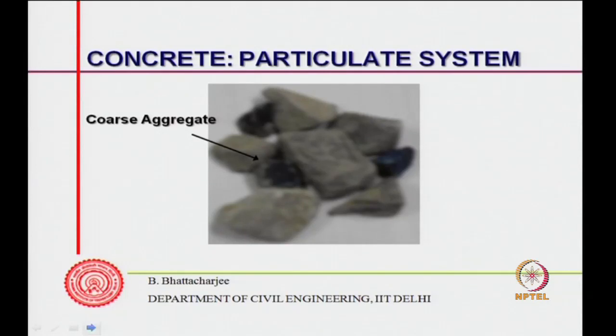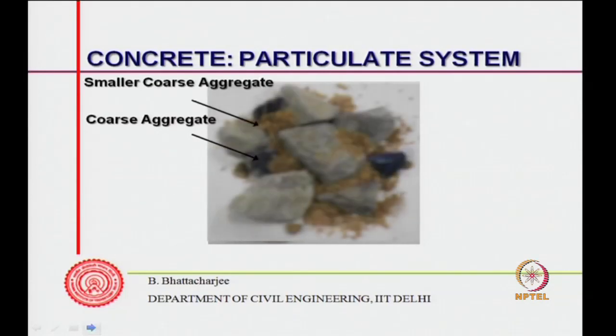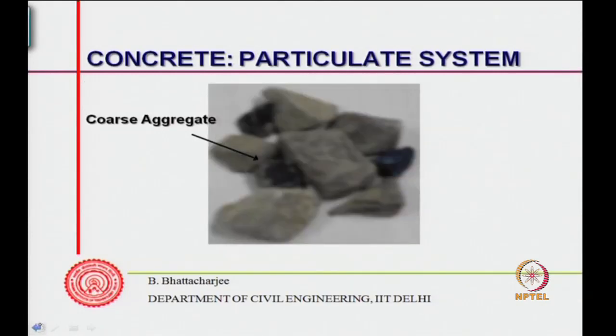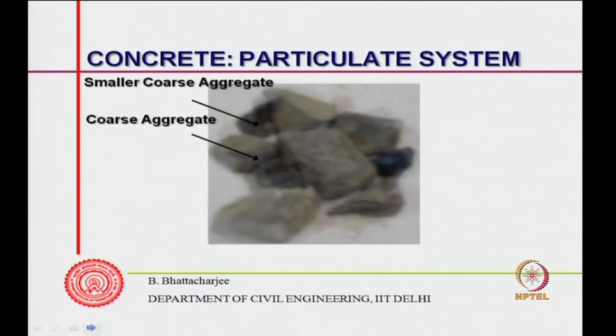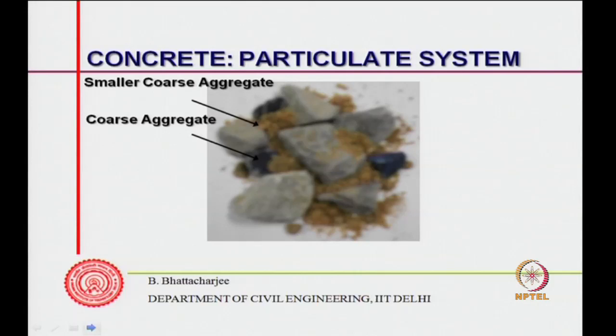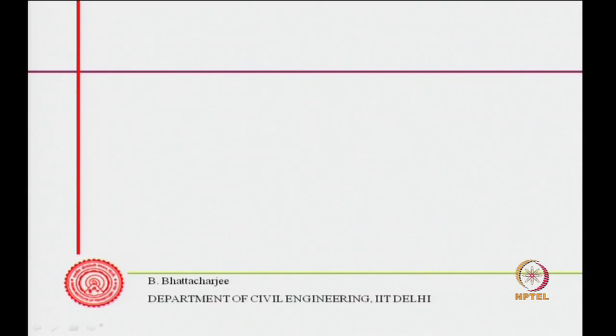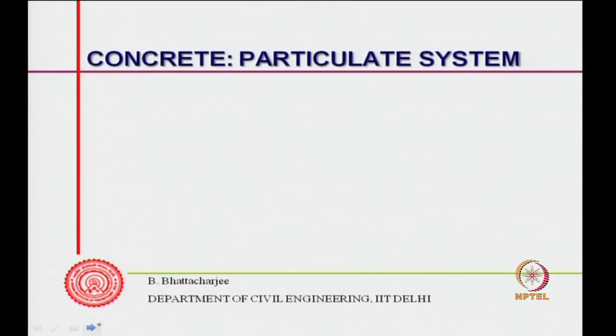Then the black ones, as you can see, are the finer aggregate, and the interstitial voids are filled with them. Still the gaps within will be filled in with some sort of fine aggregate, which in this particular case is sand. And all this put together makes the concrete in the hardened state, which will look like this.